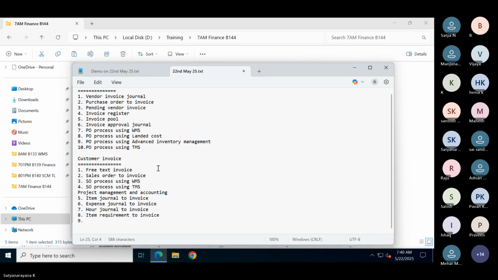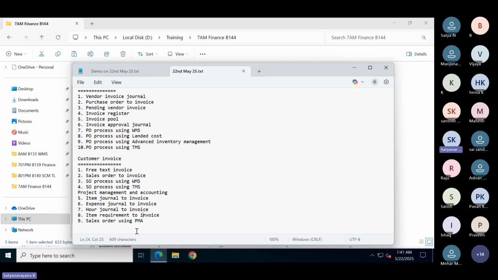Next, sales order using PMA. Okay, one, two, there is one more. Next one is item requirement. Okay, one, two, three. Okay, that's it. These are the different ways we can generate customer invoice.